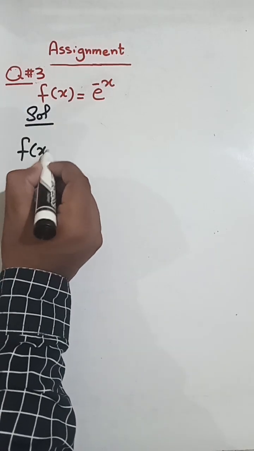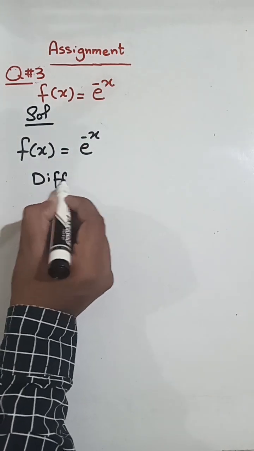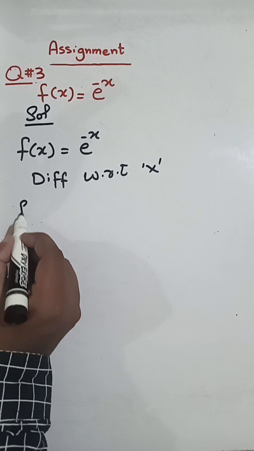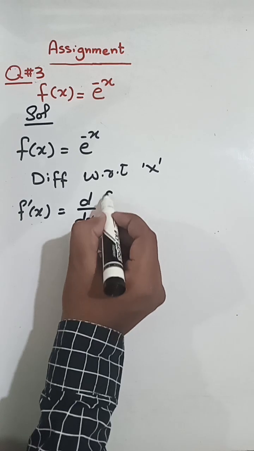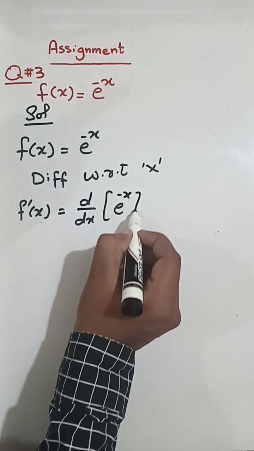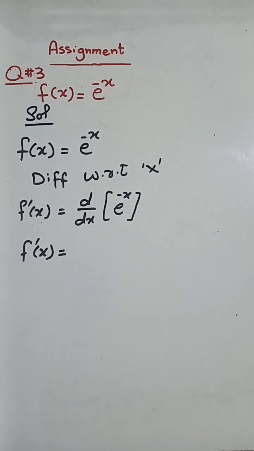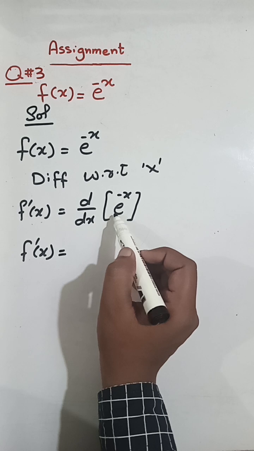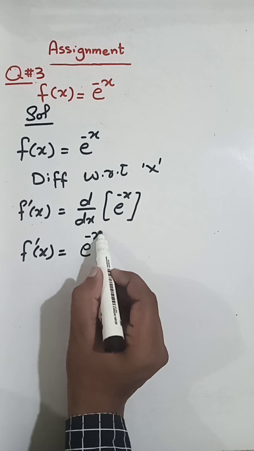f of x is equal to e raised to power minus x, differentiate with respect to x. f prime x is d by dx of e raised to power minus x. Now whenever the operator d by dx applies on e raised to power minus x, firstly it gives us the same result.